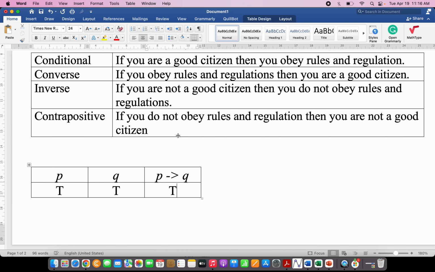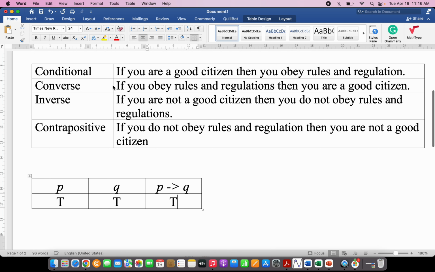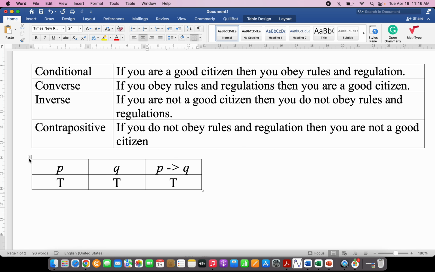Maybe sa next. Okay? How about the converse? If you obey rules and regulations, so is it possible for a person to obey rules and regulation? Yes. Possible naman.